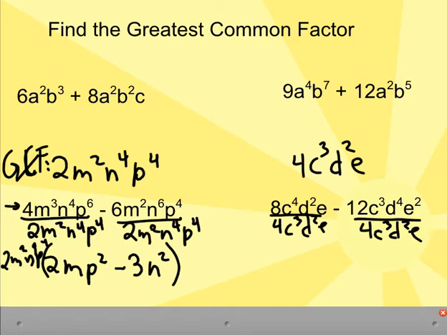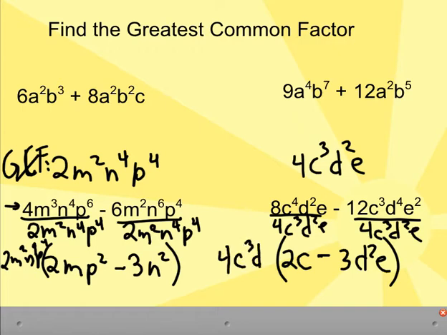Okay, and what's left over is we get 2c, and that's it for that one, minus 3d squared e. And then we put those in parentheses and we multiply by our greatest common factor, 4c to the third d squared e.